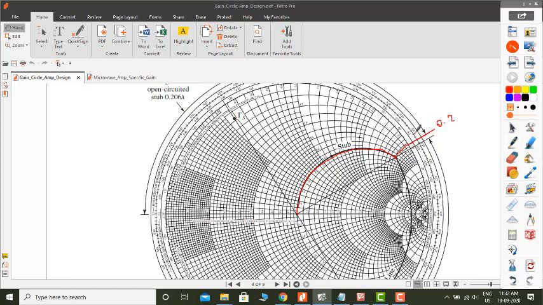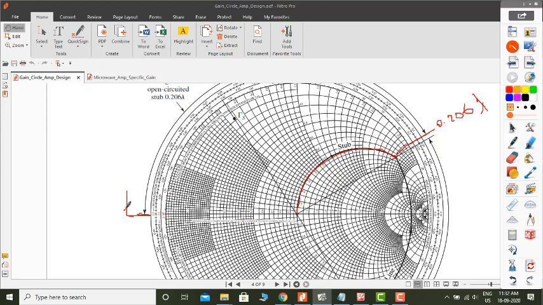It will be intersecting the wavelength towards generator scale at 0.246, so 0.06 lambda is the point. Now you measure the length of the open circuited stub from the extreme left end of the Smith chart, which corresponds to 0.